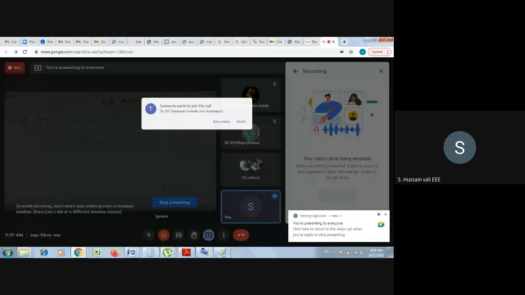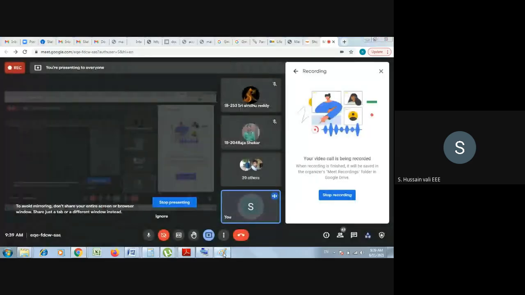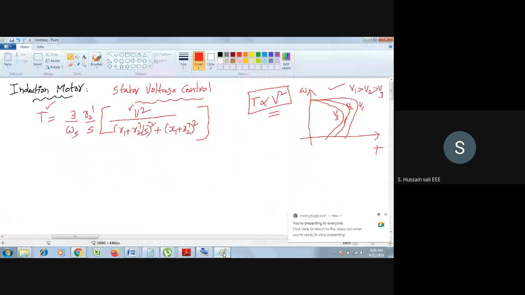To change the stator voltage, what are the possibilities we have? Let's recall. There are several methods to change the stator voltage, and we will see them one by one. First of all, the stator voltage is AC voltage, because the induction motor is an AC machine.